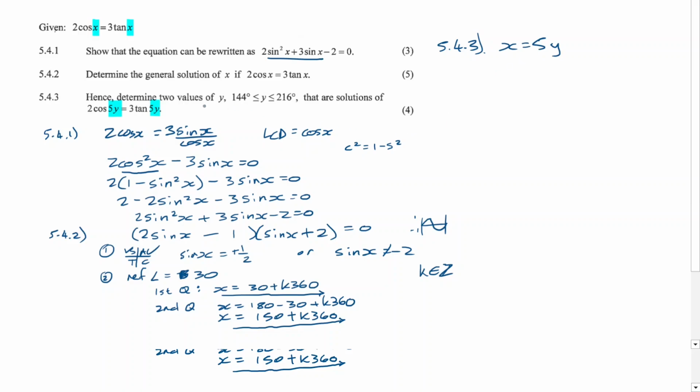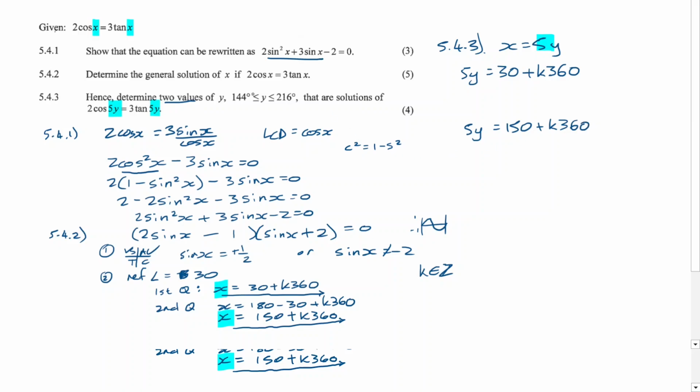And so if I want the specific solutions, so like normally would be solving for x, I go from my general solution, which I'm going to rewrite for you, but instead of writing an x here in your general solution, I'm just going to replace it with 5y. And so it will start 5y equals 30 plus k360, or 5y equals 150 plus k360.